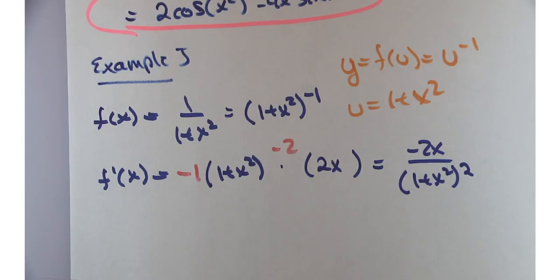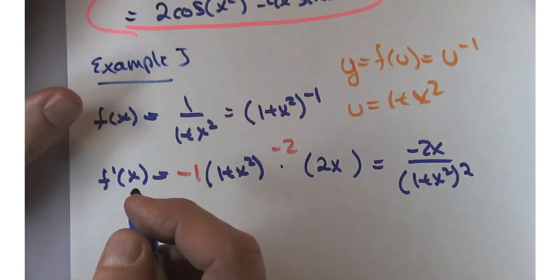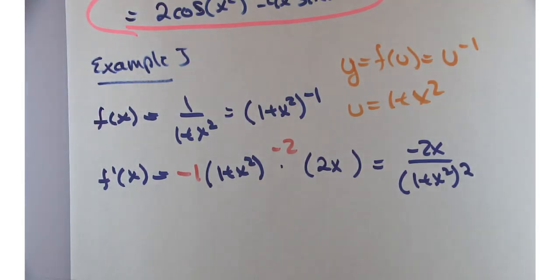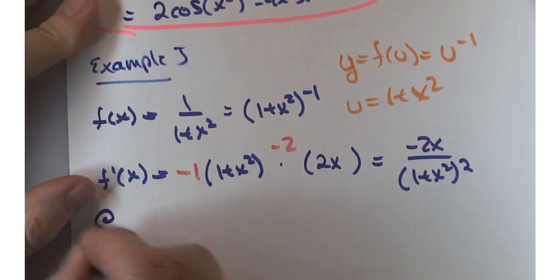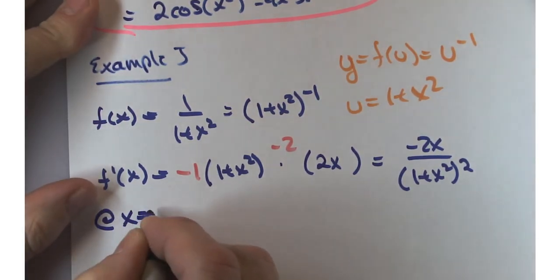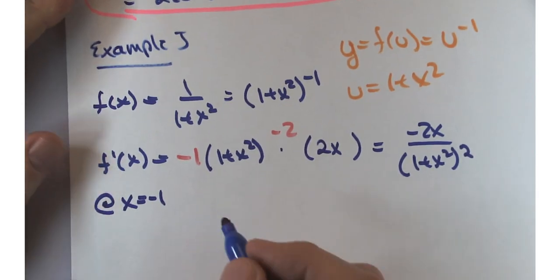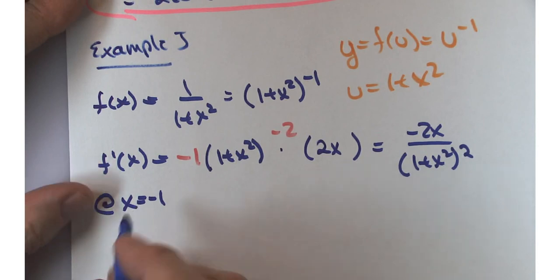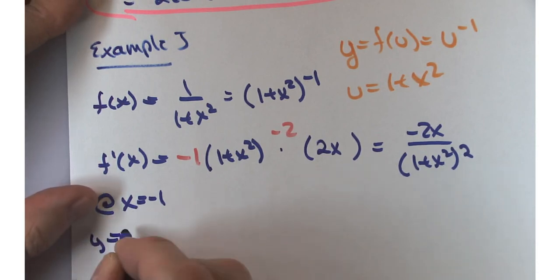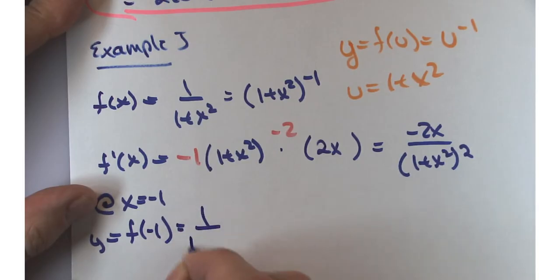There is still a little bit more work to do. We want to find the equation of the tangent line at x equal -1. So at x equal -1, first of all, let's figure out what the point is on that. If x equals -1, what's my y coordinate? Yeah, 1 over -1 squared plus 1 gives me 1/2.